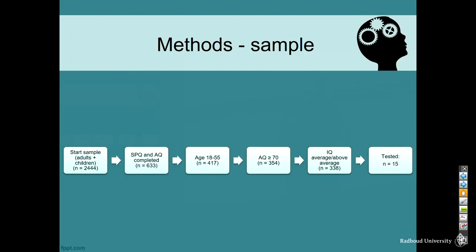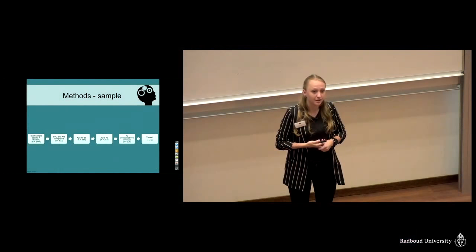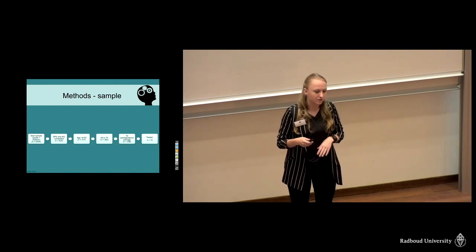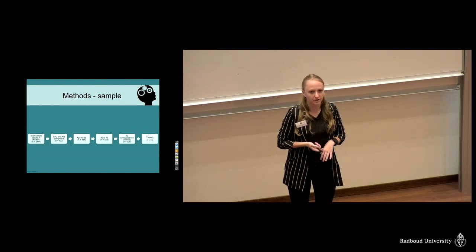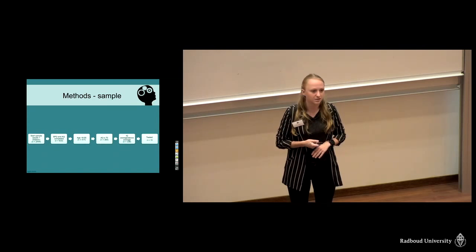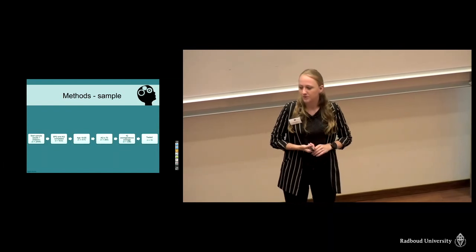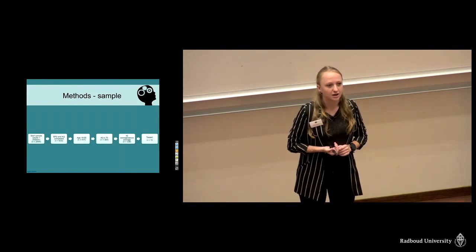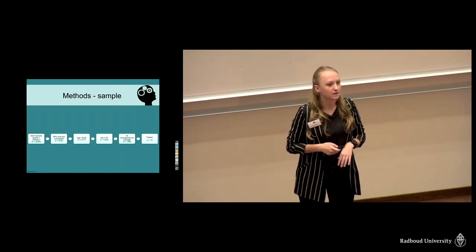So first we selected our participants from the NAR database on whether they had completed the SPQ and the AQ, and by this all the children were already excluded, because the NAR database consists of both children and adults. The AQ stands for a questionnaire where you can measure quickly if one has autism or not.